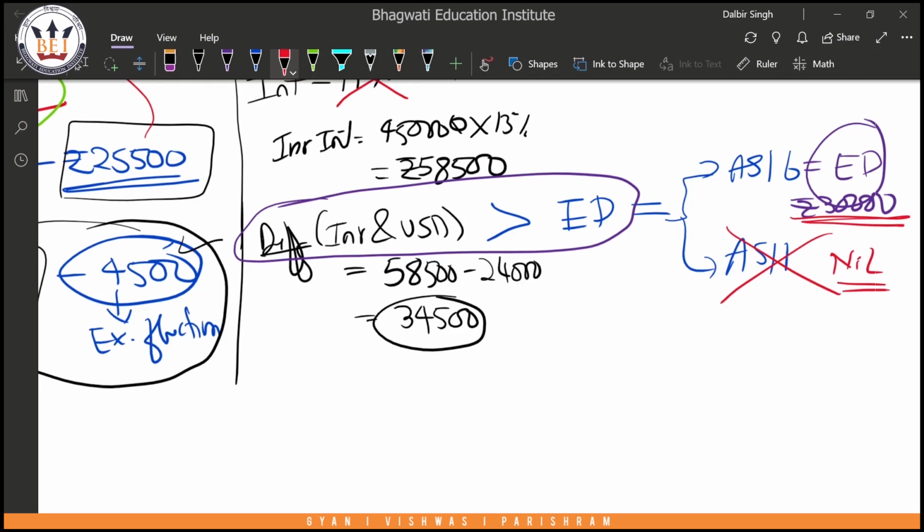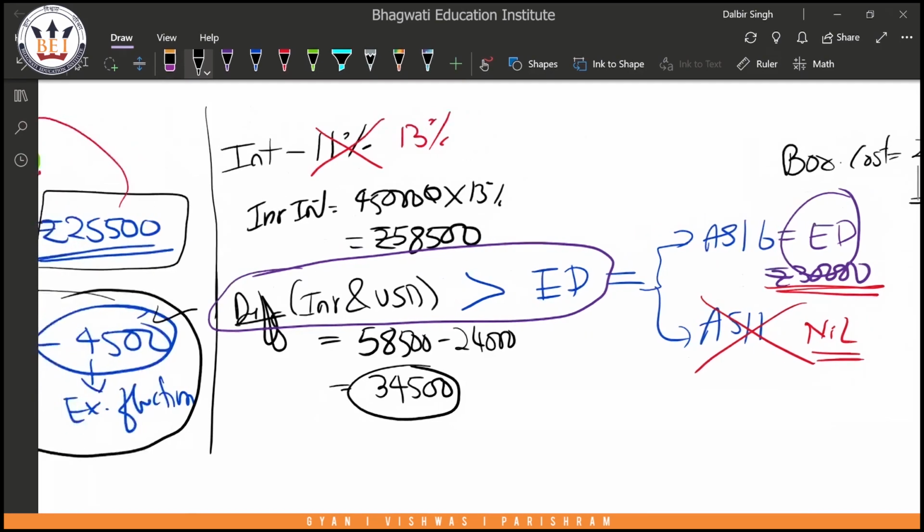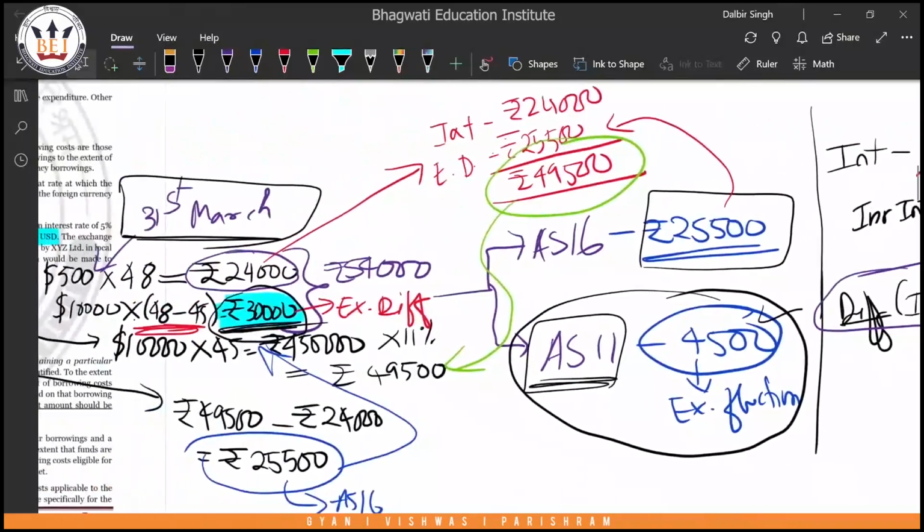In such a situation, if I have to find my borrowing cost, it will be 24,000 plus 30,000, which is rupees 54,000, which is the amount I have incurred.